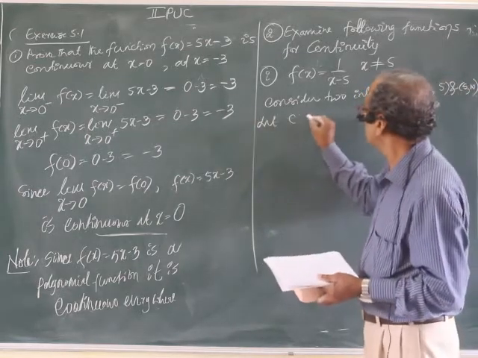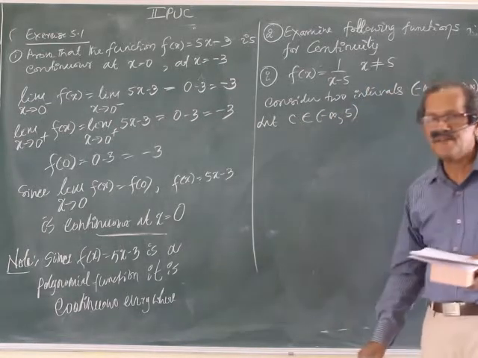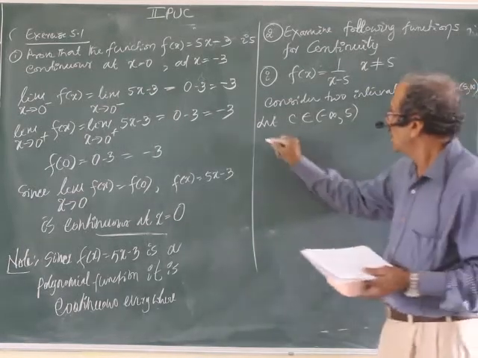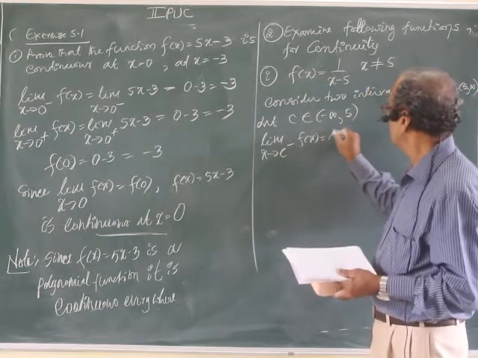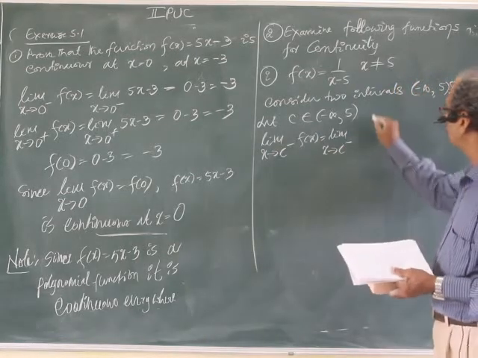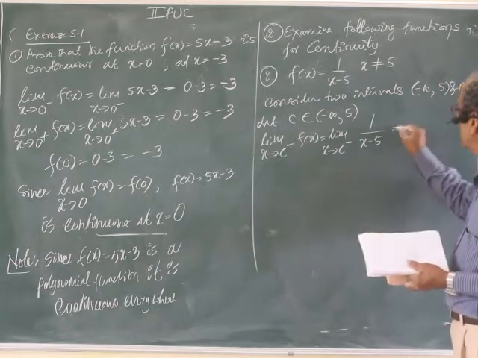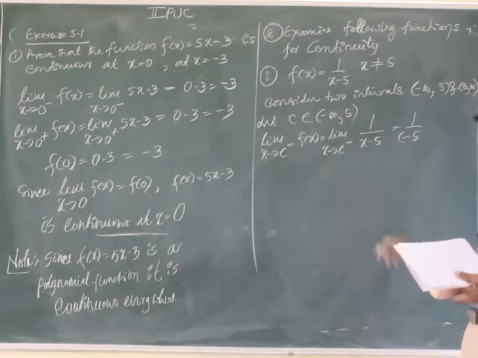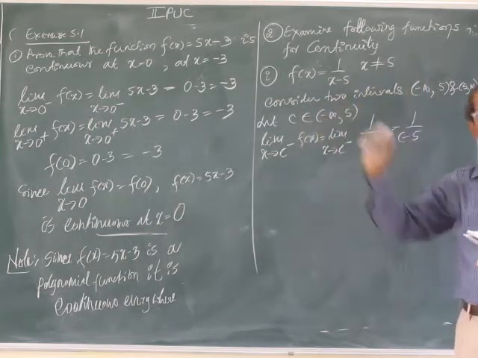Let C be an element belonging to the interval minus infinity to 5, any number in this interval. Limit x tending to C minus f of x, which is 1 by x minus 5, equals 1 by C minus 5, approaching C from the negative side.